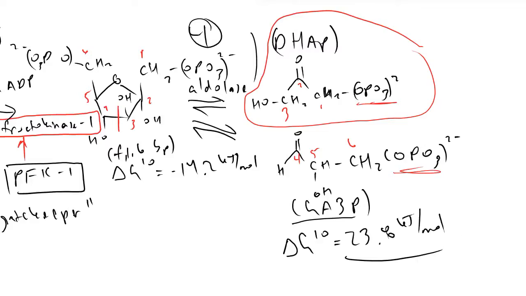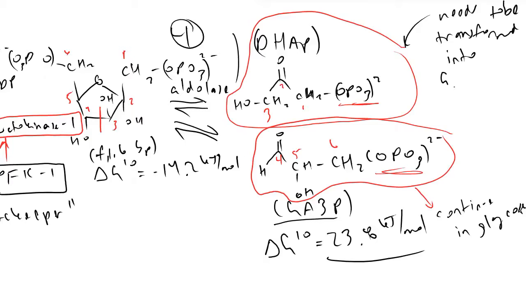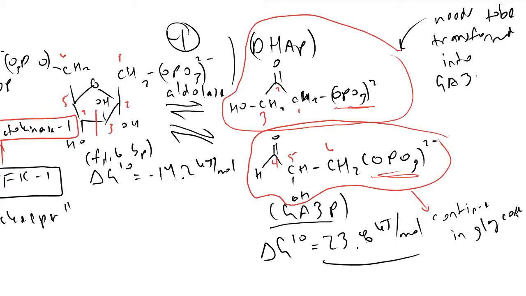And so, to further underline the point, this glyceraldehyde 3-phosphate group will continue in glycolysis, and this DHAP molecule needs to be transformed into glyceraldehyde 3-phosphate. Sorry about the handwriting.